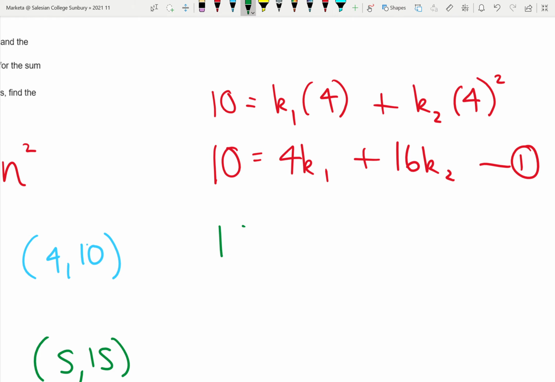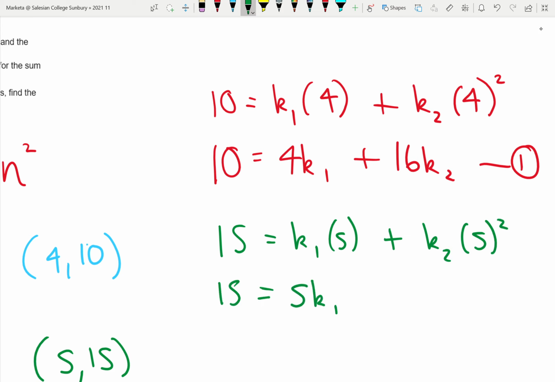The second: 15 equals K1 times 5 plus K2 times 5 squared, and that's 15 equals 5K1 plus 25K2. So this is our second equation, and now we can try simultaneous equations in order to solve for K1 and K2.